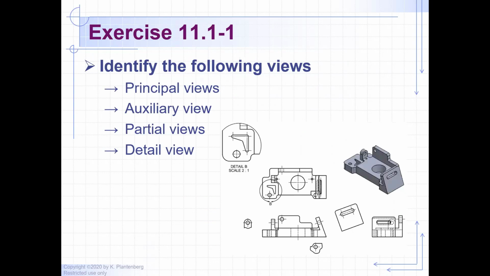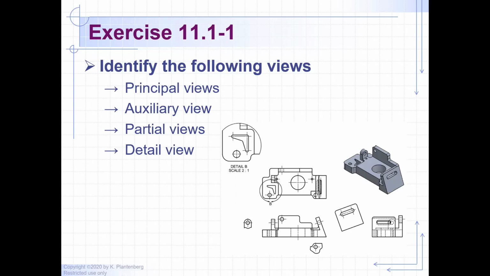So this particular drawing's got a lot of stuff going on. It's got a front view, right side view, top view. We've got two partial views, a partial left side and a partial bottom. We've got an auxiliary view, and we also have a detail view. And that's really not uncommon in the real world to have all these different types of variations.